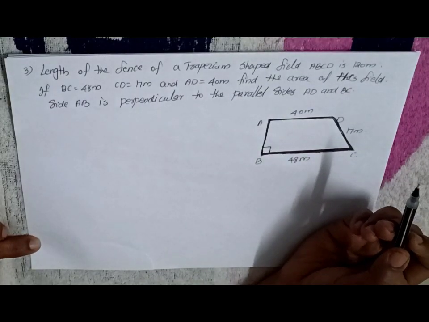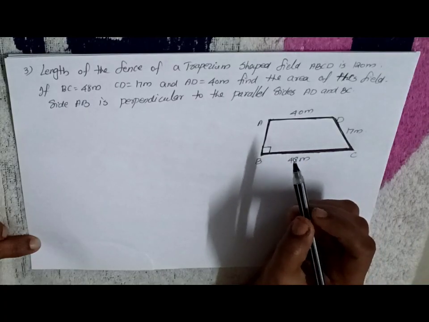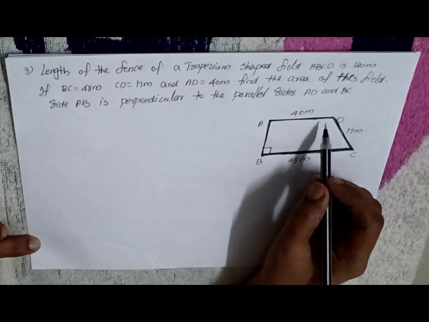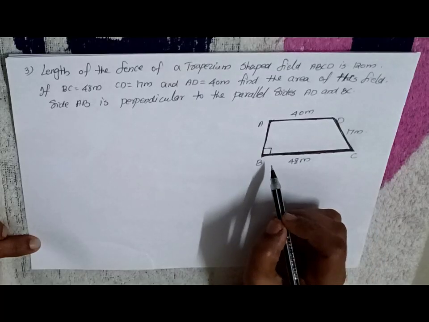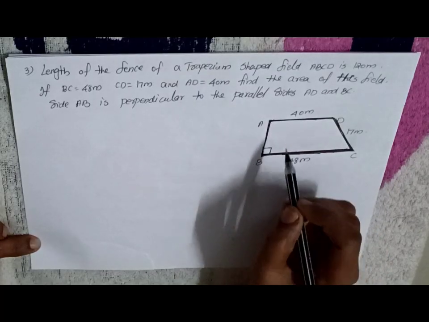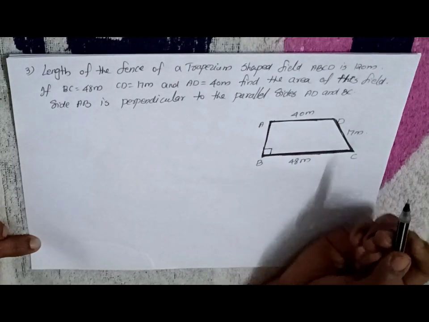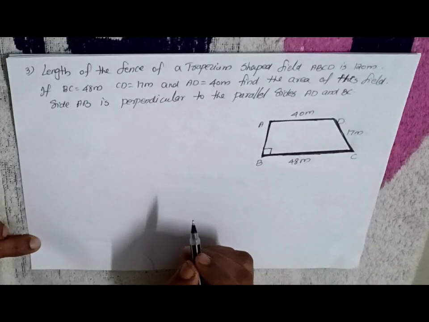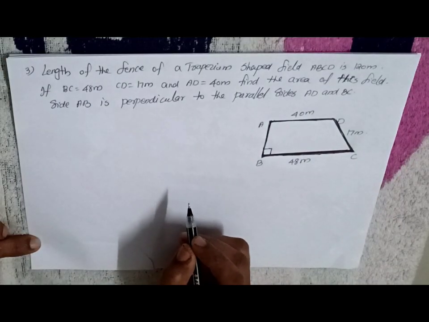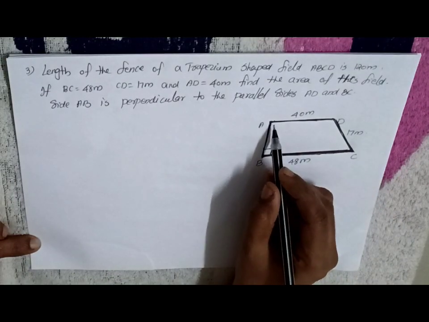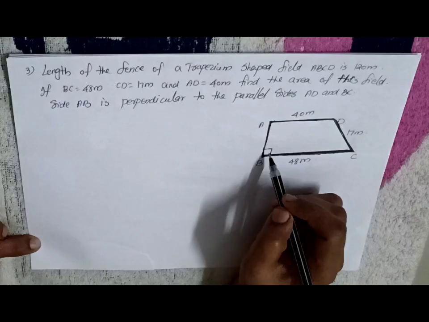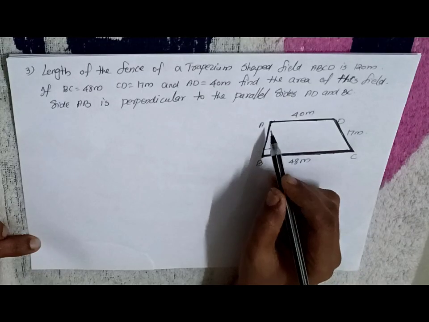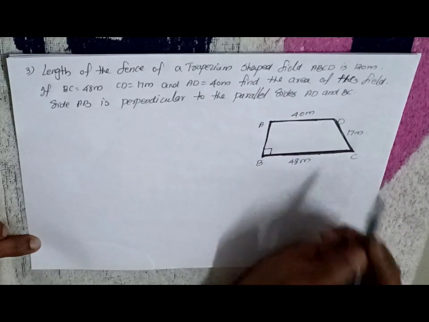Here, the trapezium shaped field ABCD has 120 meter perimeter and the three sides are given. Side BC equal to 48 meter, AD equal to 40 meter and CD equal to 17 meter. Then here we have to find out the side AB, and also this AB is perpendicular to the parallel sides AD and BC.